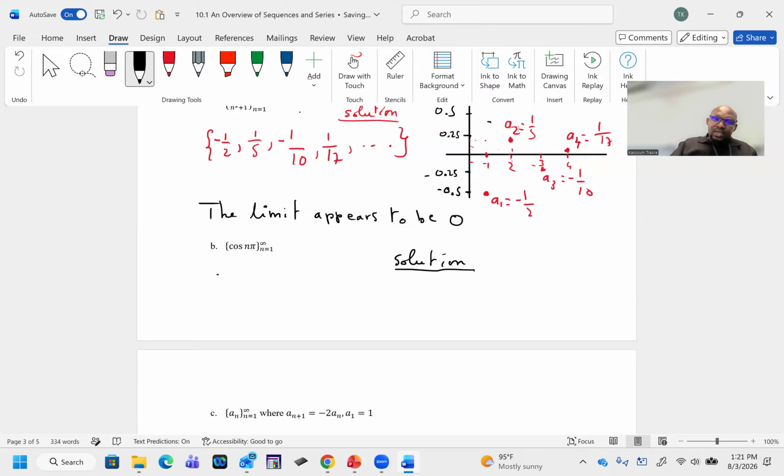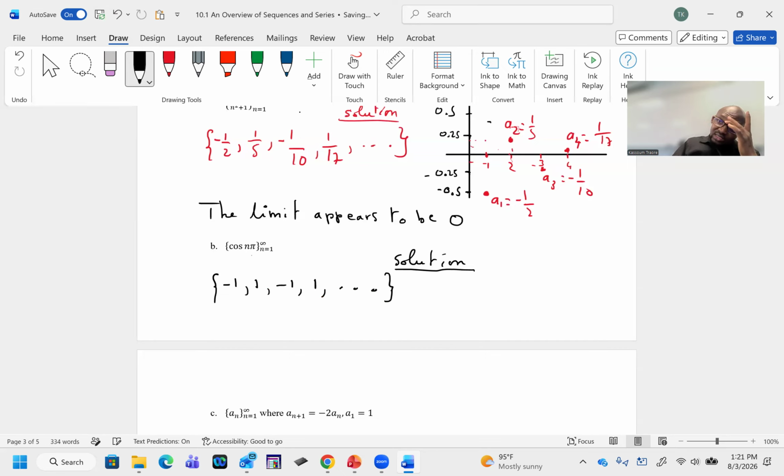We know the first four terms will be cosine of n pi: cosine of pi is negative 1, 2 pi is 1, 3 pi is negative 1, 4 pi is 1, and this will continue, right?